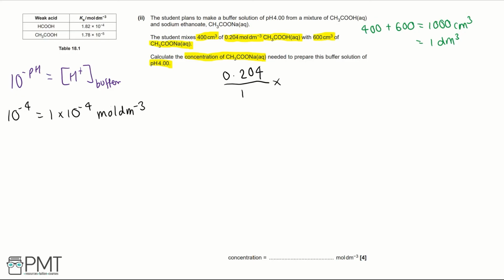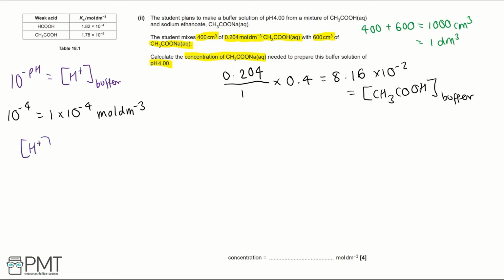So we've got 400 centimeters cubed, which is 0.4 decimeters cubed, and that equals 8.16 times 10 to the negative 2, and that is the concentration of ethanoic acid in the buffer. So now, like the last question, we're going to use the equation of H plus multiplied by A minus divided by HA is equal to Ka.